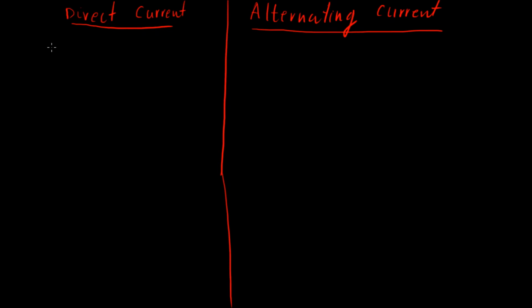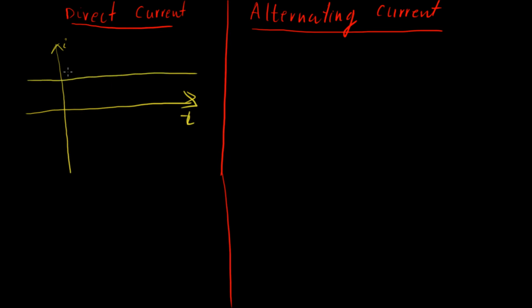Another thing you should know about current is that there are two types. There's direct current, and then there's alternating current. Now, direct current looks something like this. It has I and T here, and essentially it has a constant value.